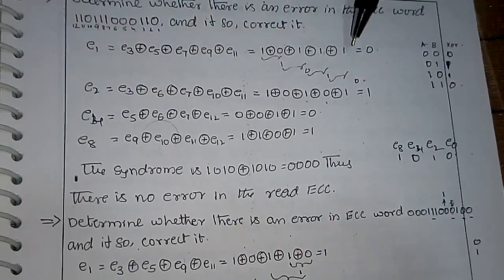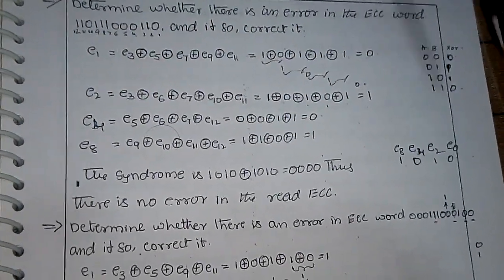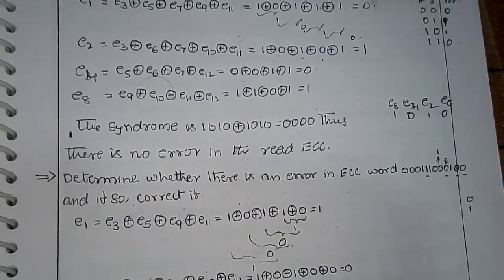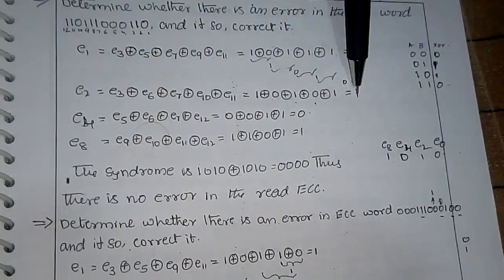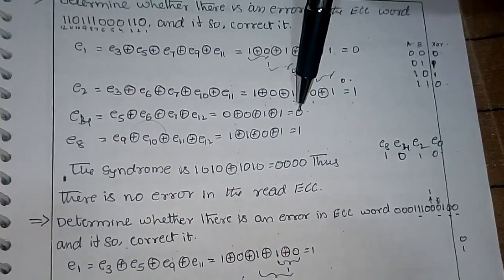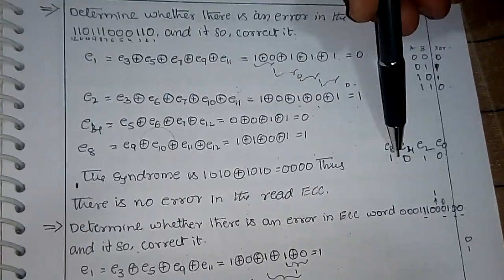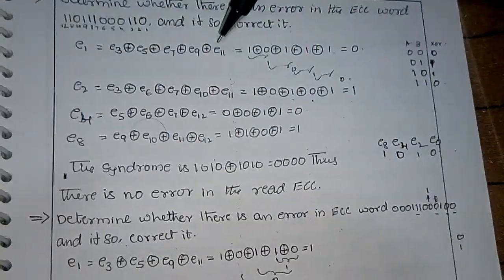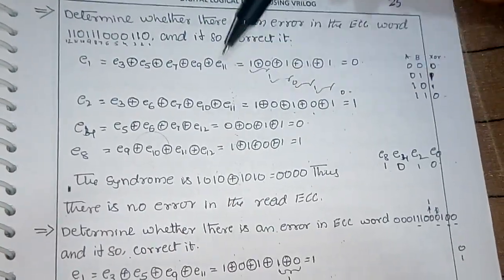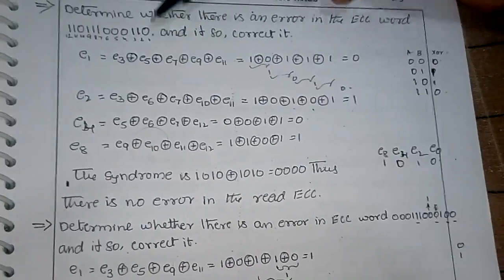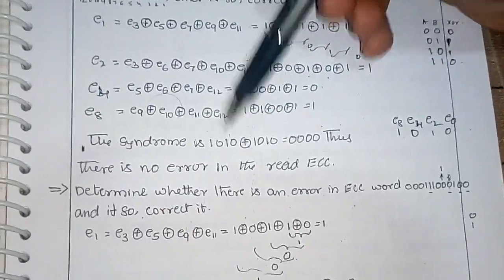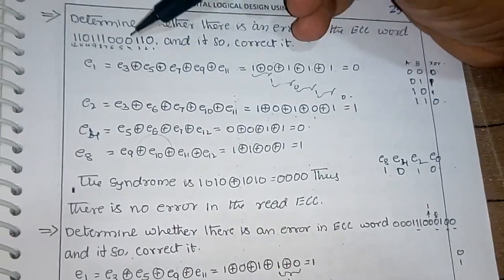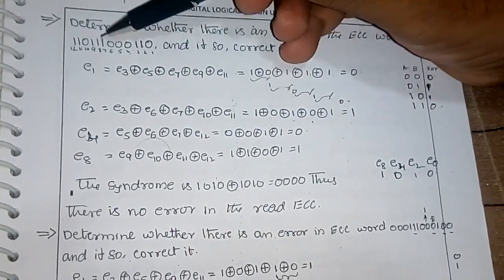Once we have the values, I have to write E1, E2, E4, E8, meaning 0, 1, 0, 1. We place that here. Then the corresponding values given in the word for E1, E2, E4 and E8 are compared.